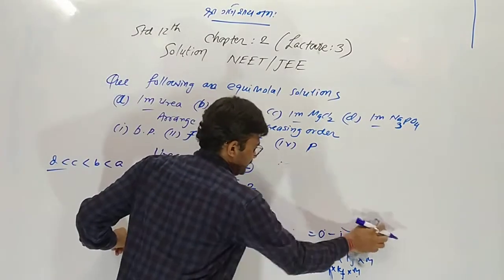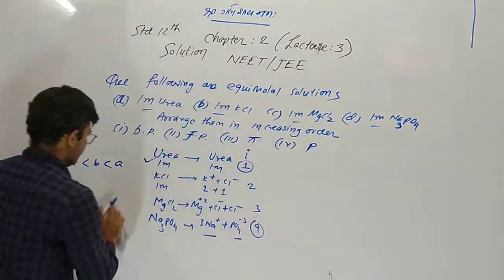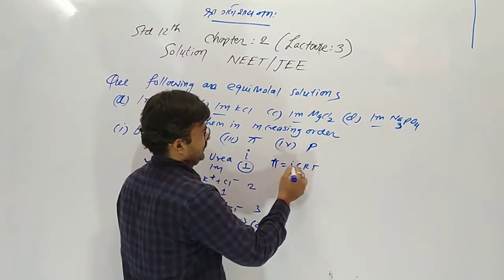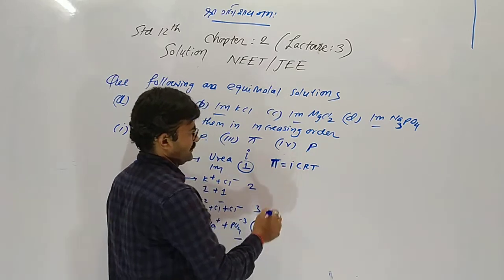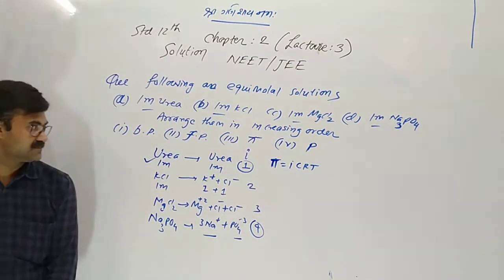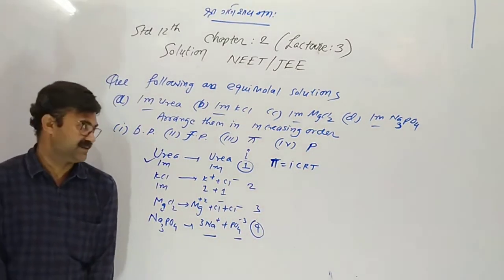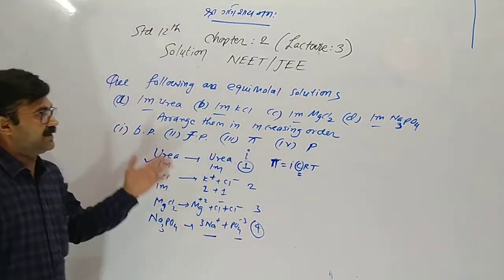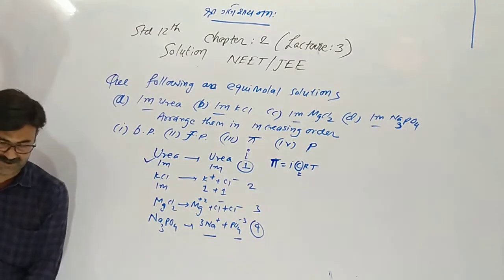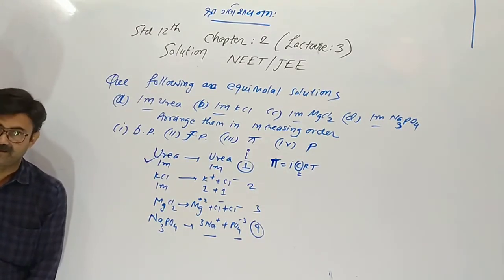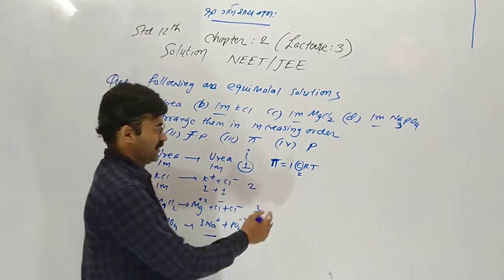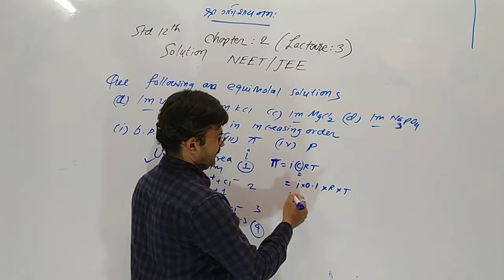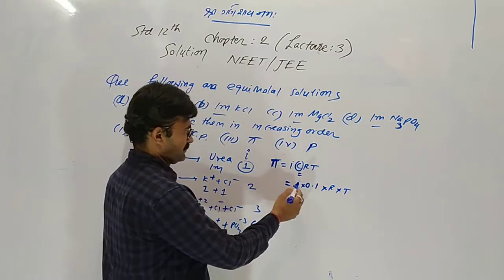Now what about the osmotic pressure? So we know pi is equal to i into CRT. Osmotic pressure pi is equal to i into C into R into T. C is concentration. Whenever density of our solution is not given, we have to take molality equal to molarity. So 0.1 RT. For urea, i is 1.